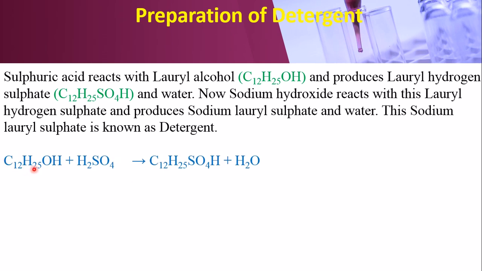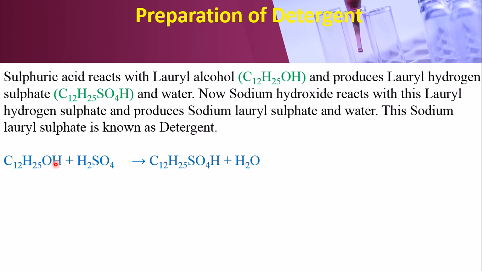Look, lauryl alcohol at first reacts with sulfuric acid. Now when lauryl alcohol reacts with sulfuric acid, then water is produced by the reaction. How? Water is produced from the hydroxyl group of alcohol and a hydrogen ion of sulfuric acid.